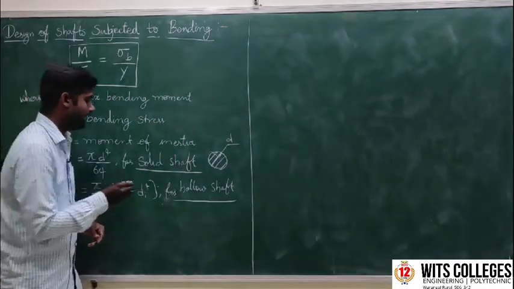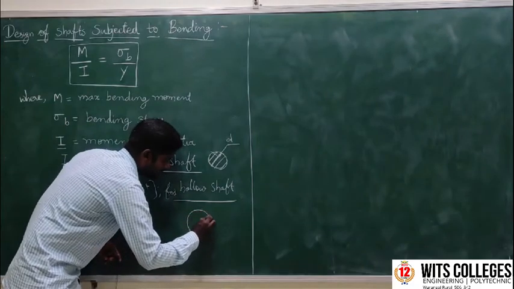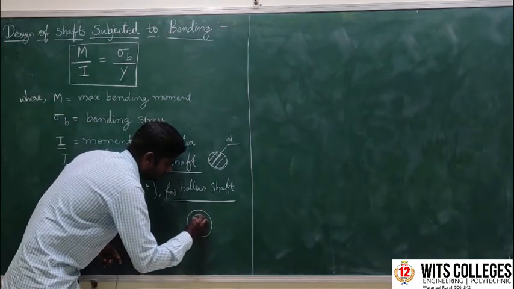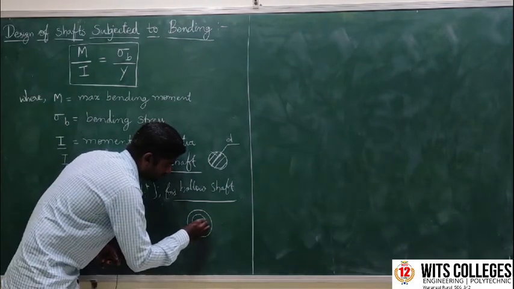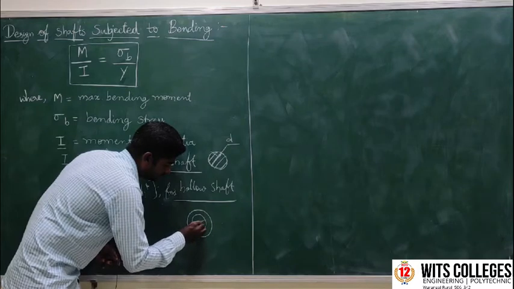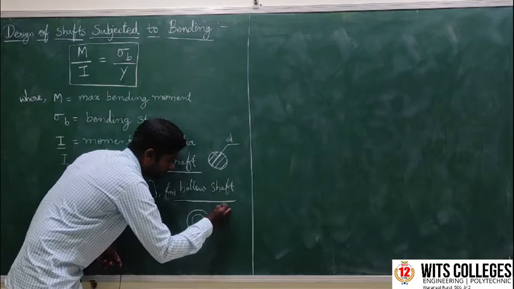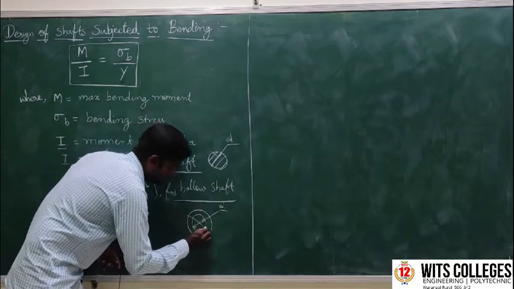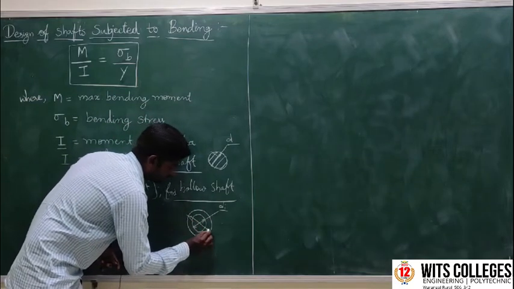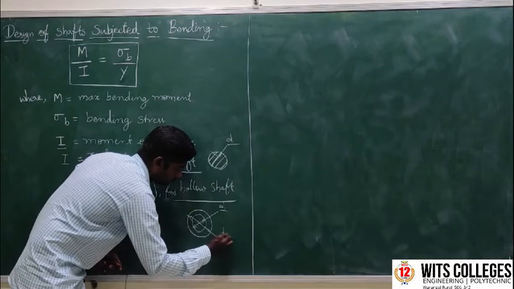In a hollow shaft there are two diameters: the inner diameter, denoted by di, and the outer diameter, denoted by d naught.